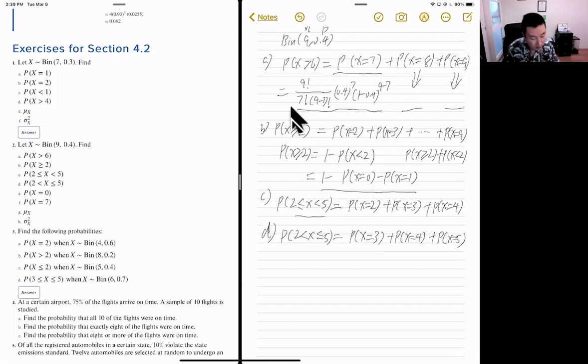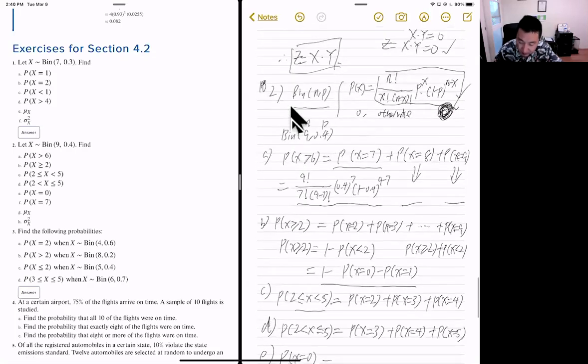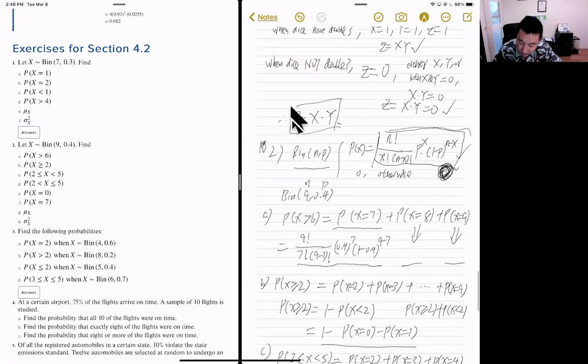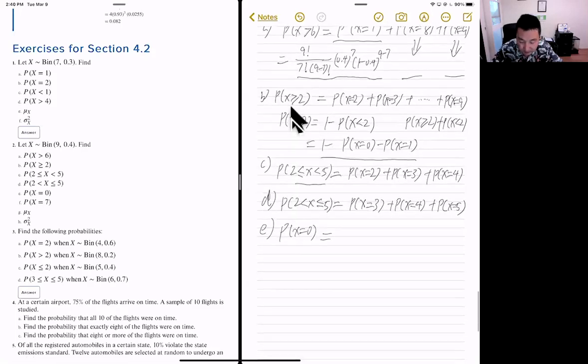That's 5. E, so P(x) equal to 0. So you just plug in the number into the mass function here. I will just skip this.